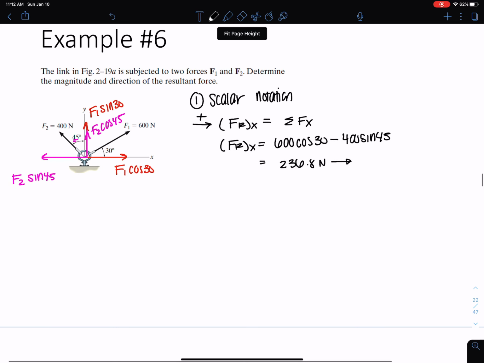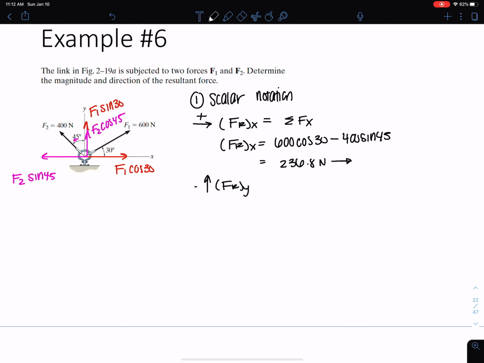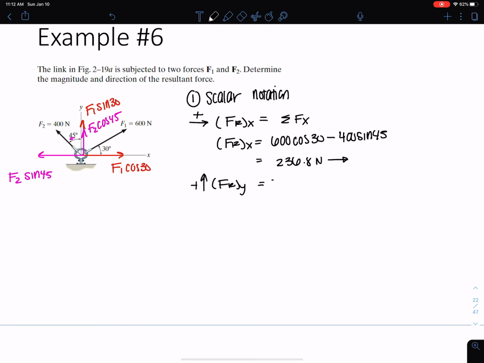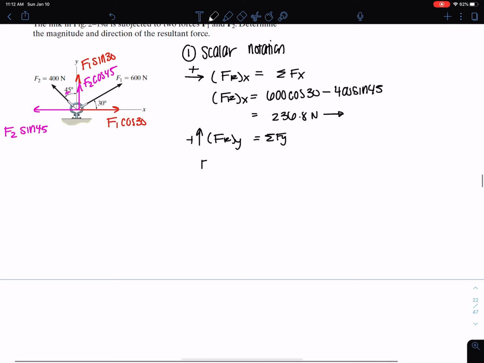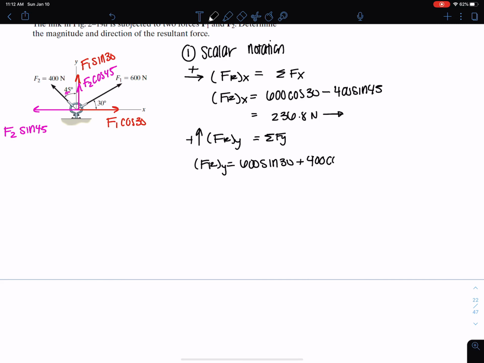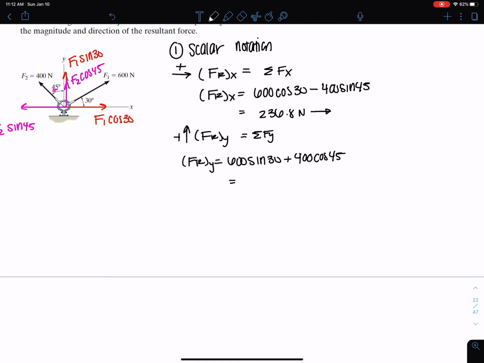And then I'm going to sum the forces for the y direction. Up is my positive direction. That's just equal to all of the forces added in the y direction. And I get the resultant in the y direction is 600 sine 30 plus 400 cosine 45, and I get 582.8.